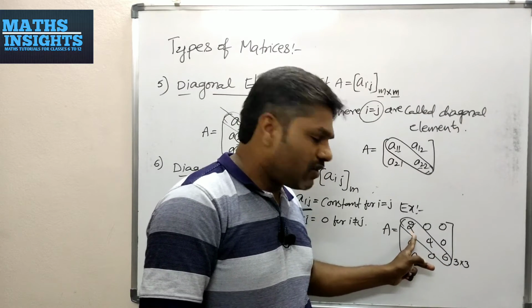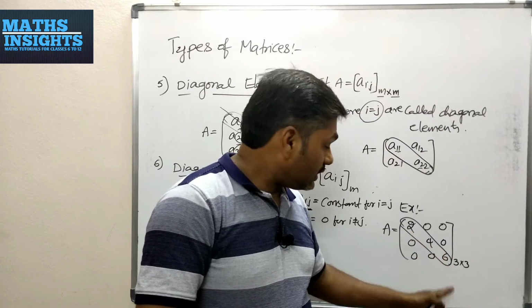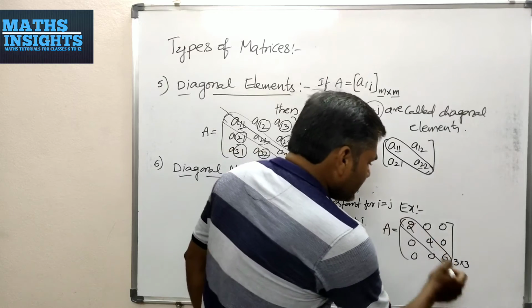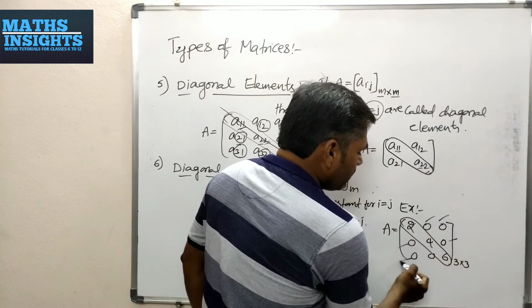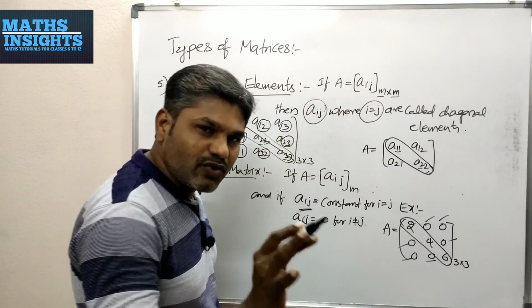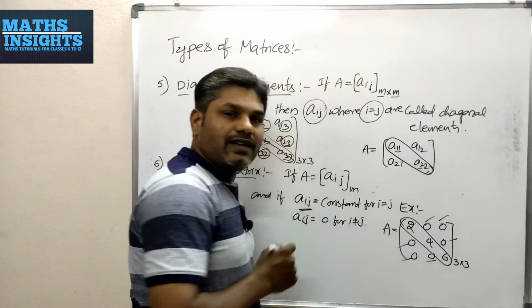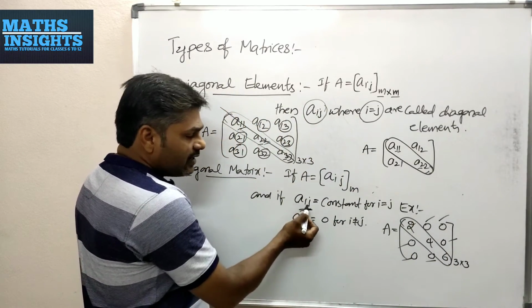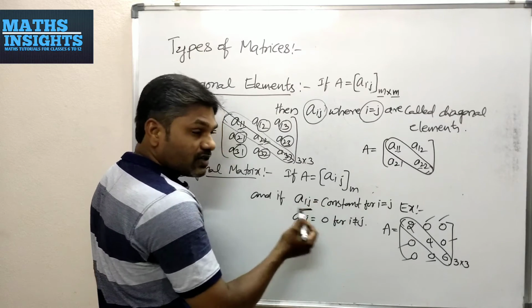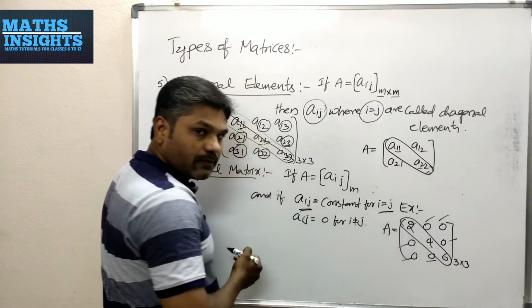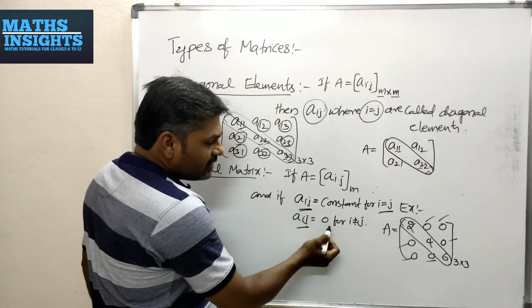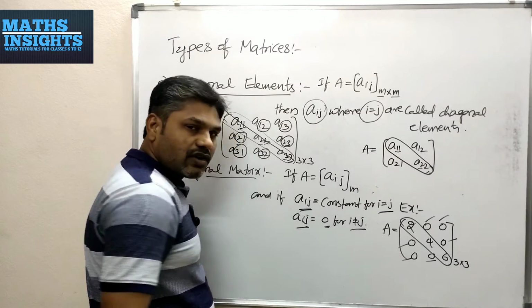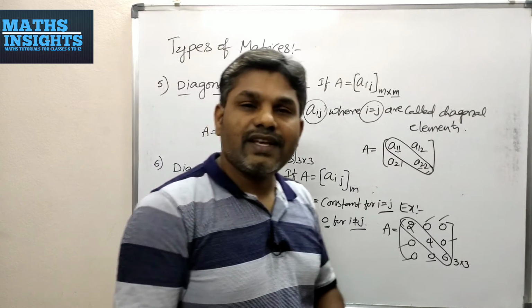This is a11, a22, a33. Except these elements, all the remaining elements should be 0. Then this is said to be a diagonal matrix. I am clearly writing aij is equal to a constant for i is equal to j, and aij is 0 for i is not equal to j. I think it's very clear.